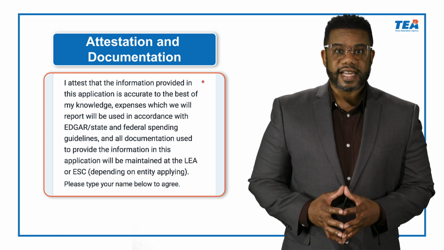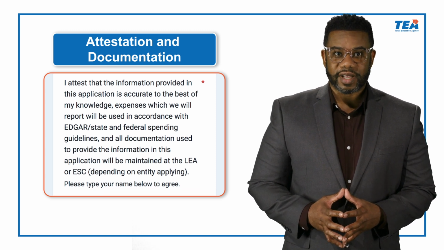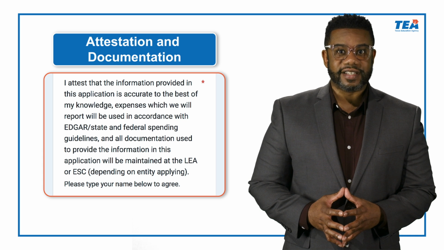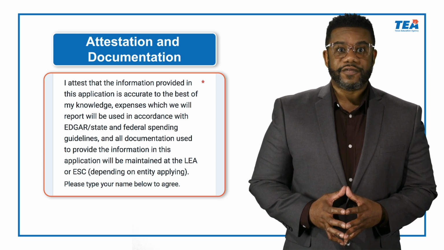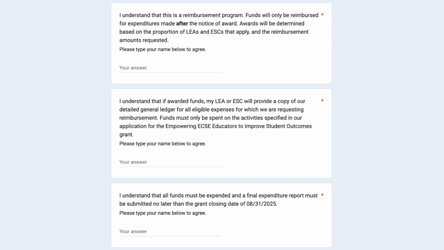Additionally, certify that the expenses will comply with Electronic Data Gathering Analysis and Retrieval, EDGAR, and state and federal spending guidelines. You must also agree to maintain all supporting documentation at the LEA or ESC level, depending on your applicant type. Type your name to attest to these statements.